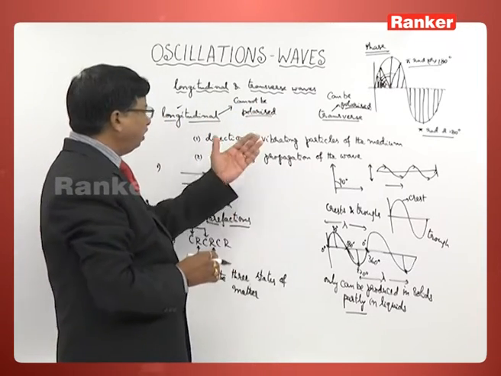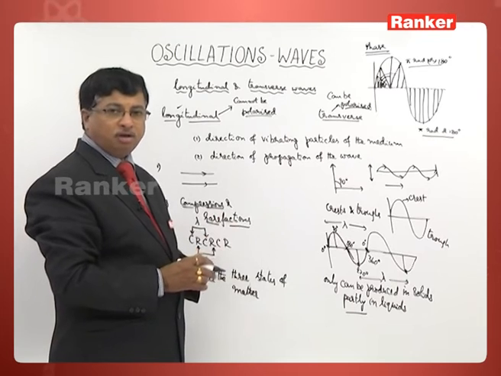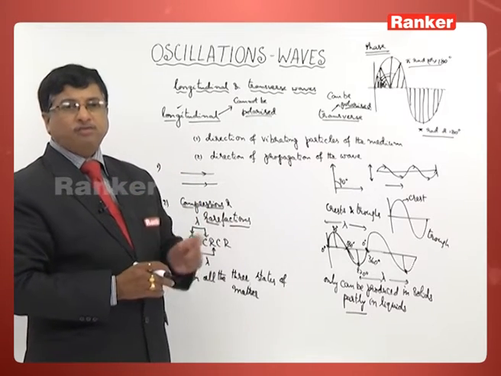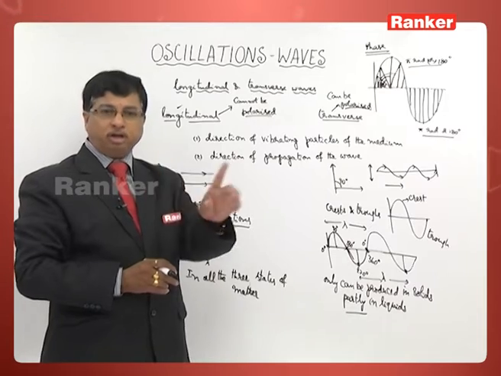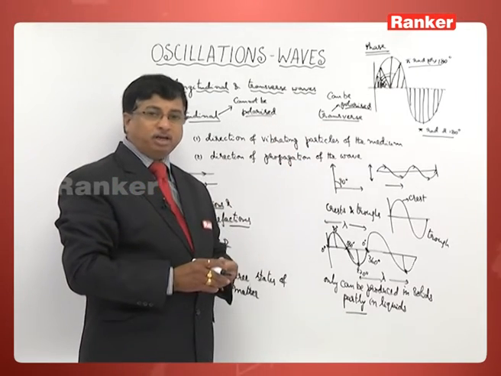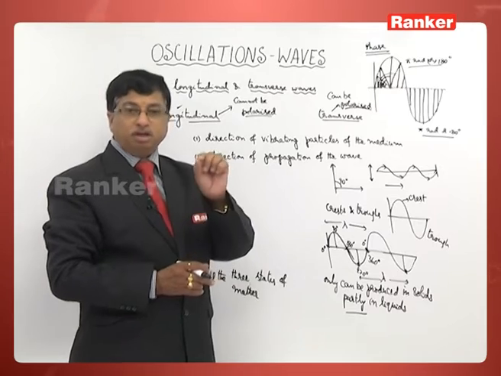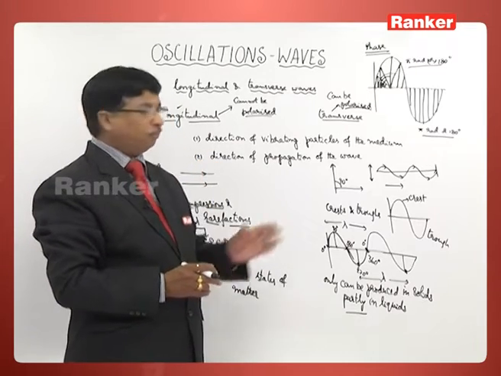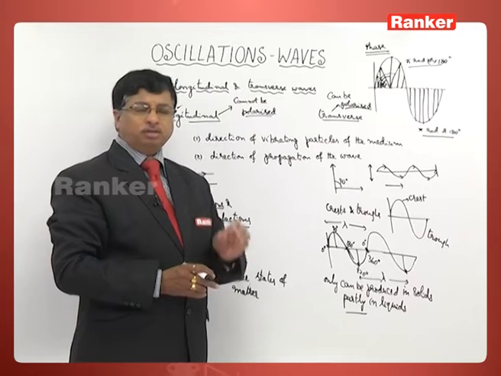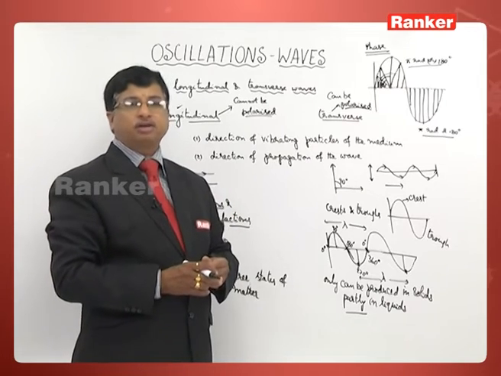So, what is our ultimate conclusion from this one? Sound waves, being longitudinal by nature, cannot be polarized. Light waves, being transverse by nature, can be polarized. There is a wonderful theoretical question in this regard.